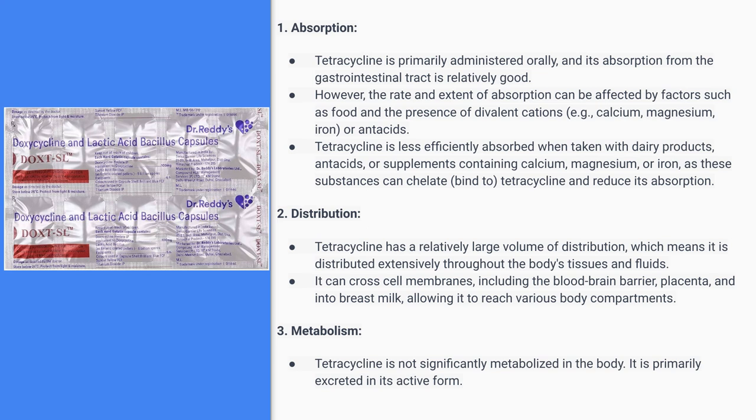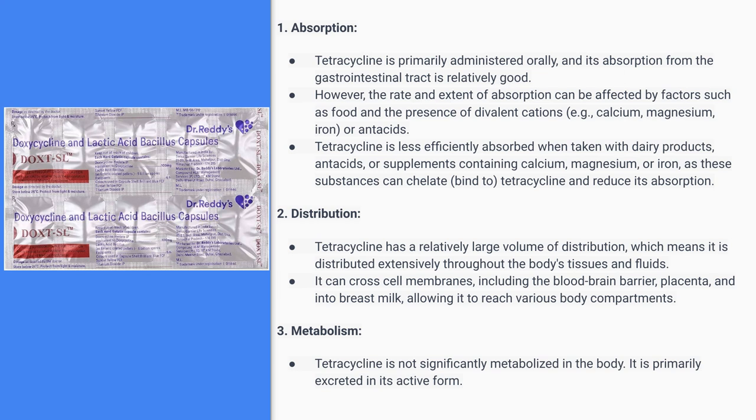If tetracycline is no more free, then definitely it is not going to get absorbed. Understood? Yes sir. So that is what is written over here in the entire absorption. Clear?